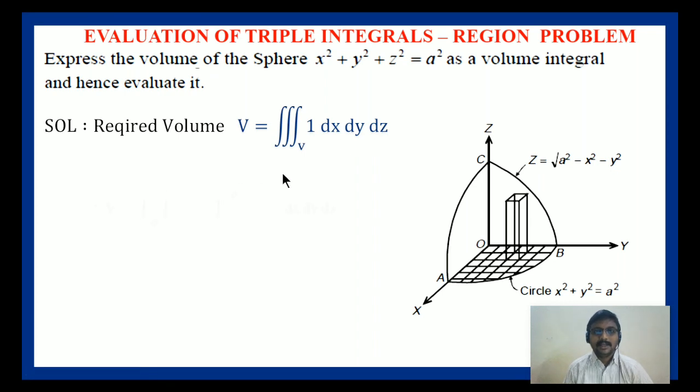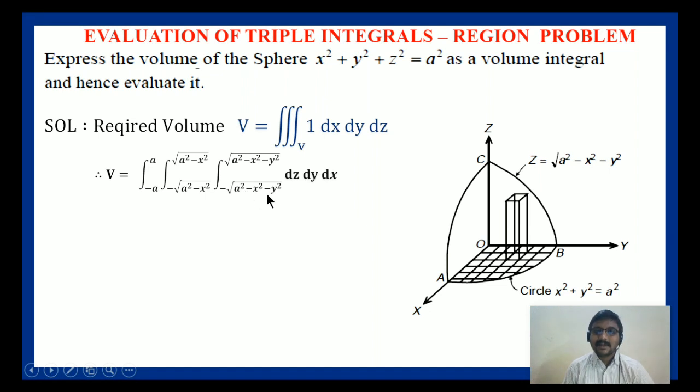Now we have to get the limits for z, y, x. Clearly, for a total sphere, the limits of z are negative root of a square minus x square minus y square to positive root of a square minus x square minus y square.